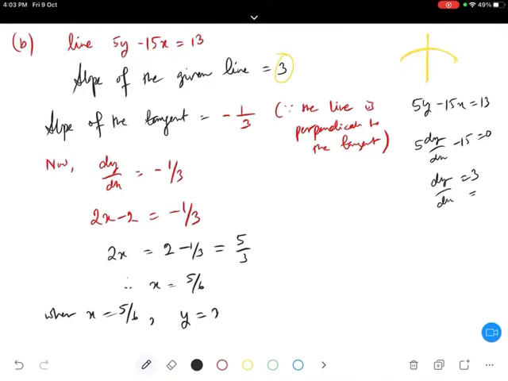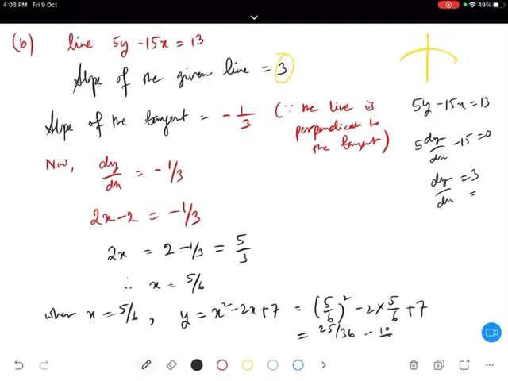So y is equal to (5 by 6) whole square minus 2 into 5 by 6 plus 7. So we are getting 25 by 36 minus 10 by 6 plus 7.